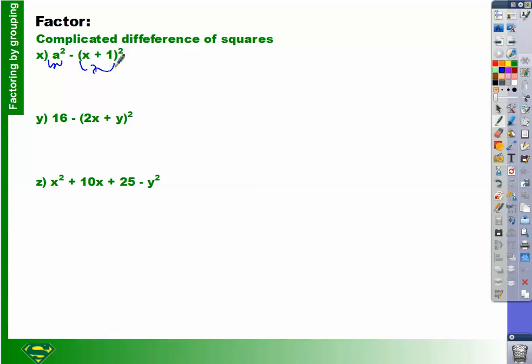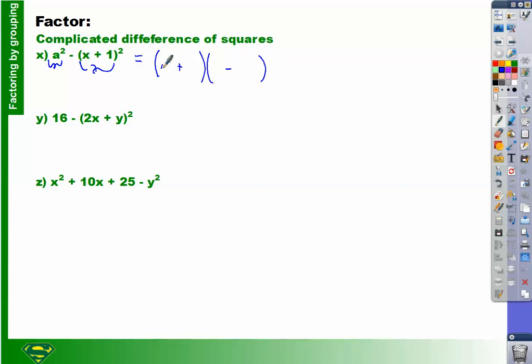You will remember when we talk about differences of squares that the answer to a difference of squares will have a pair of binomials where you have one addition and one subtraction. Then you will also remember that we have to take the square roots of both of our square terms. So what is the square root of a squared?